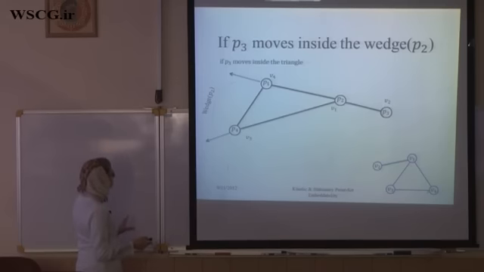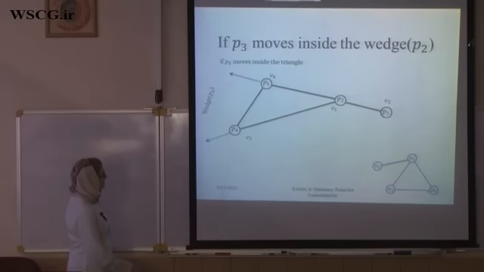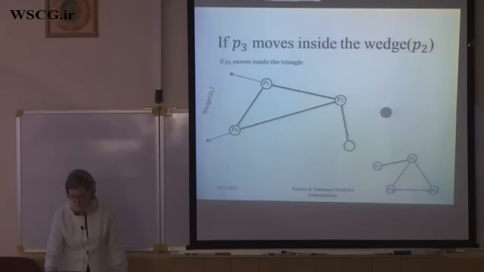So my mapping, my assignment of which points are hosting which of these vertices, is correct if and only if the host for vertex V2 lies outside the wedge of the host for V1. So very simple, nice example of a certificate.